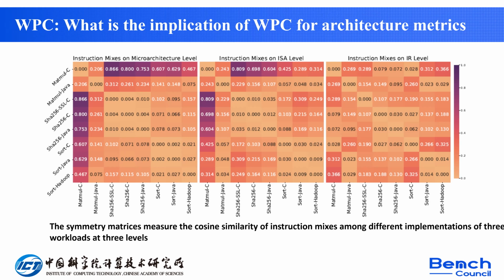For example, Matmul Java and Sort C have high similarity at both ISA and microarchitecture level.